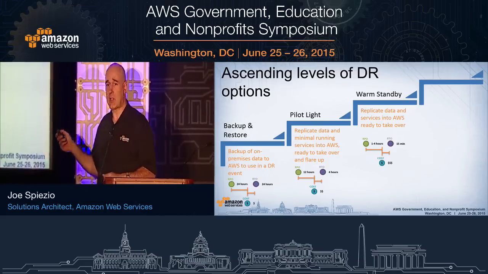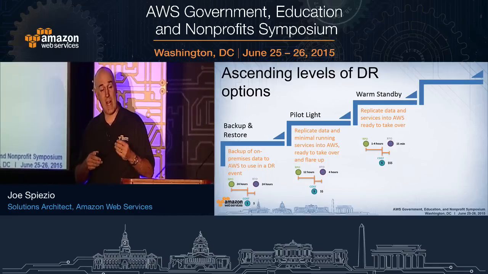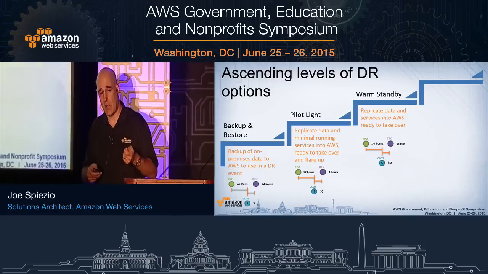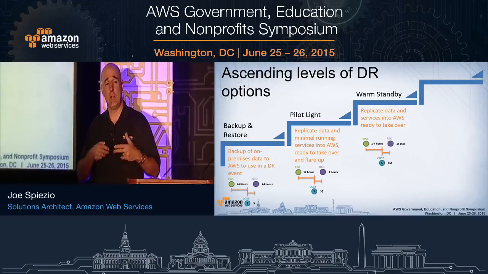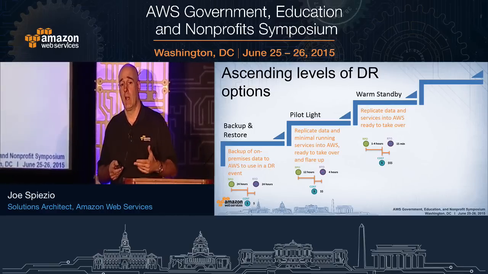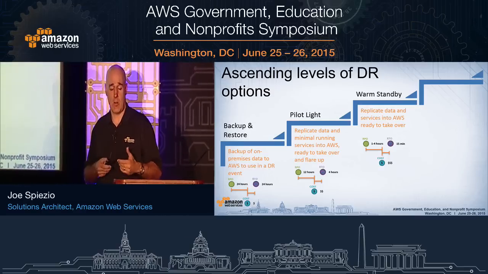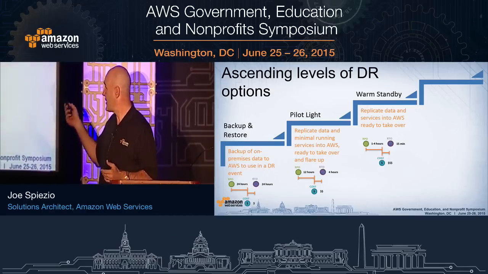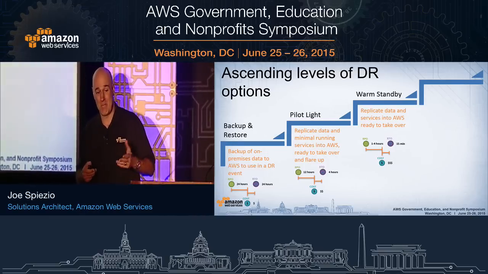And this can actually provide you with a very, very close to a full high availability solution. It's not scaled to full capacity, but it's fully functional. So if you have a failover, it can happen almost instantaneously, and you can continue to operate with the use of auto scaling and some other automation tools at full capacity, and hopefully your customers never miss a beat. This is the scenario we're going to show in our demo later today. So Haider's going to run that for us in a few minutes.